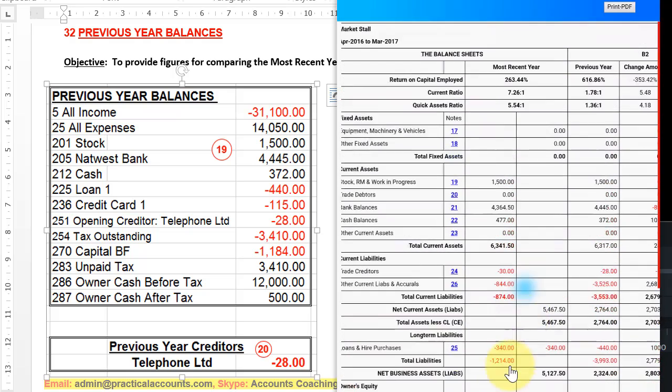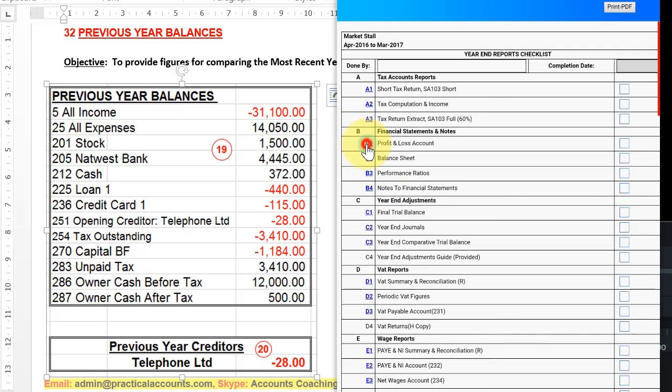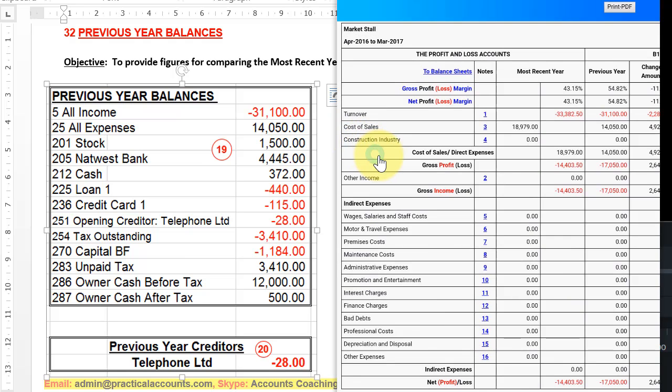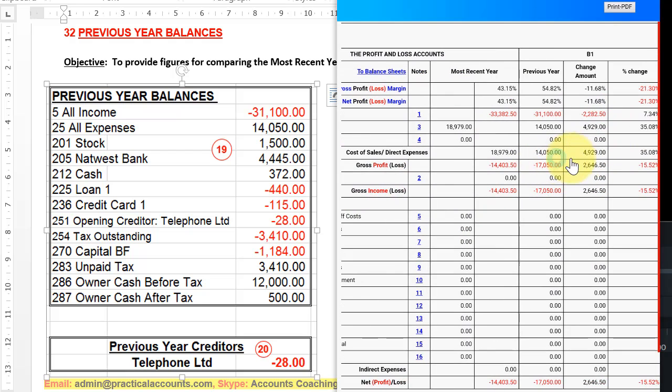Okay, and then the final report that requires this comparative column is B1, the profit and loss account. There is also some comparison. The turnover, as we can see there. Let's see. That's 7.34% increase. Expenses 35% increase.